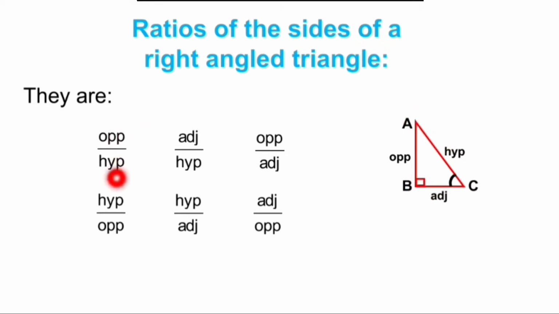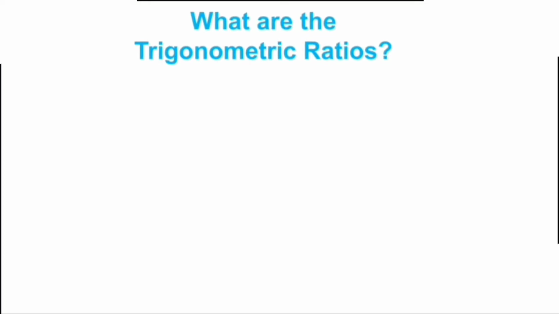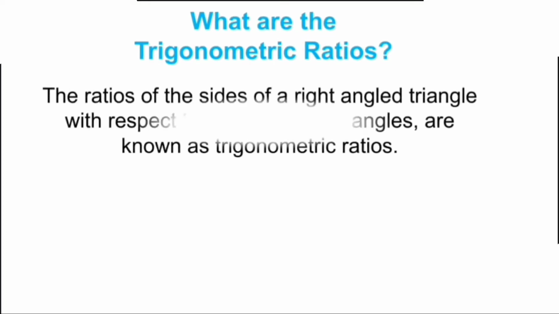Children, the divisions of the sides are nothing but ratios of the sides. So, these ratios are called trigonometric ratios. What are the trigonometric ratios? The ratios of the sides of a right angled triangle with respect to any of its acute angles are known as the trigonometric ratios.